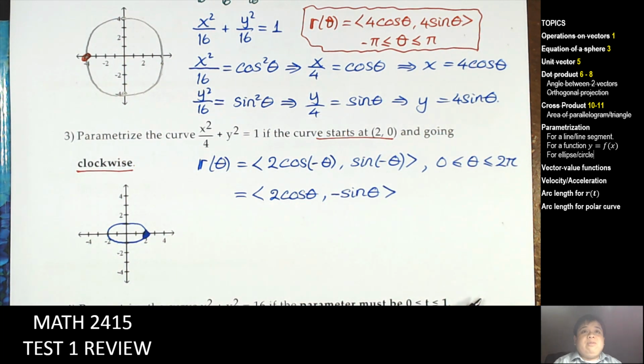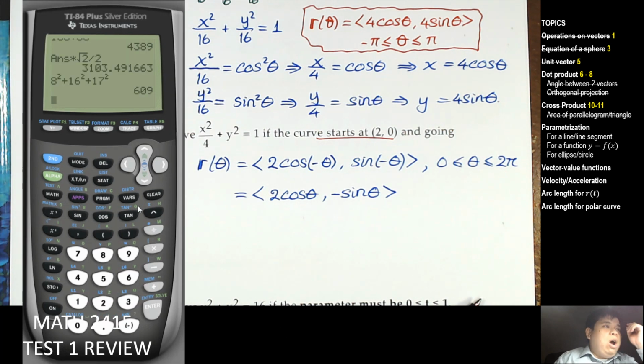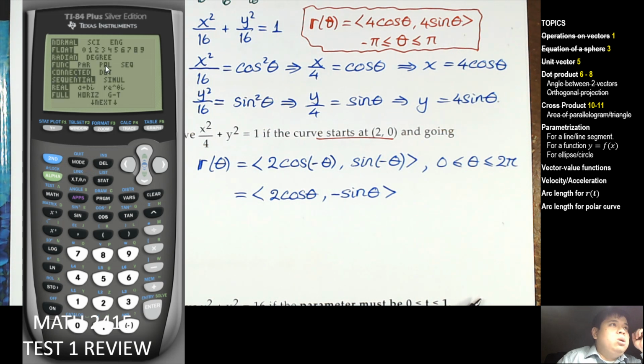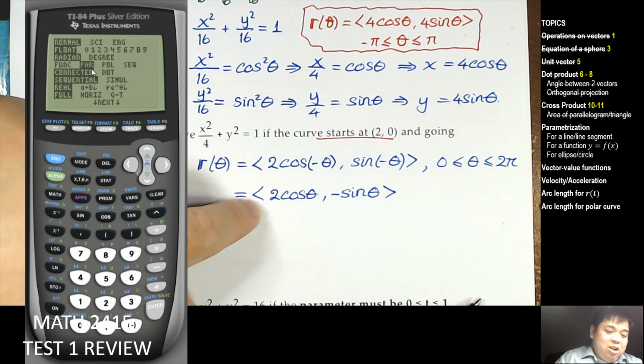Right. Now let's graph this and see if it actually is what we have. Let's turn the calculator on. To graph, we hit mode, make sure it's in parametric mode, sorry, not polar, parametric, because we have x and y as two different functions.